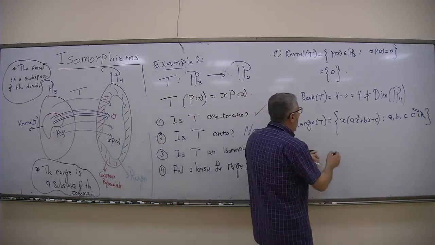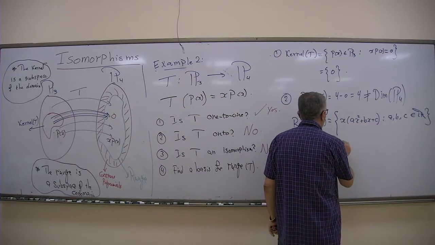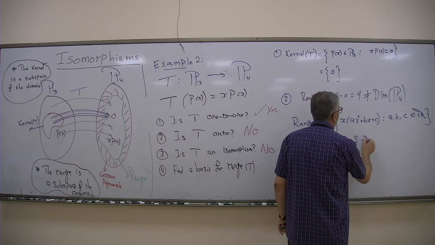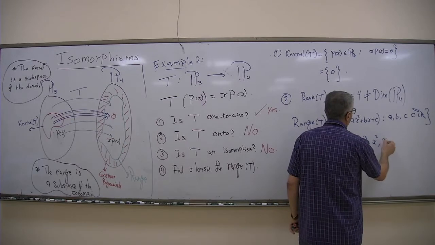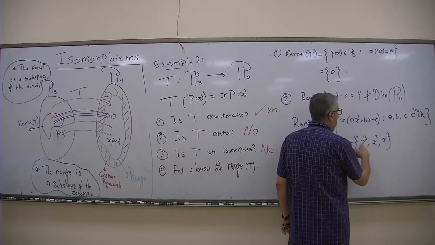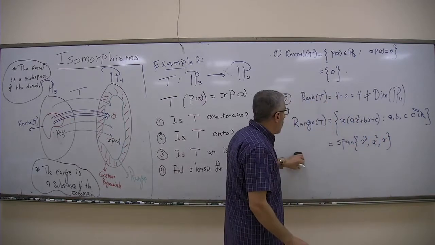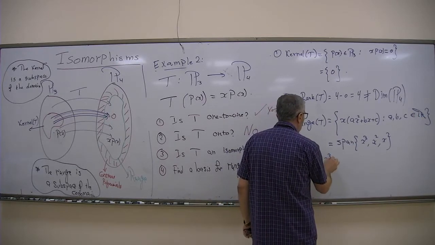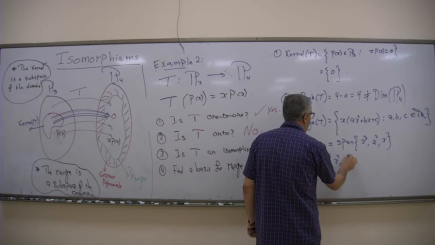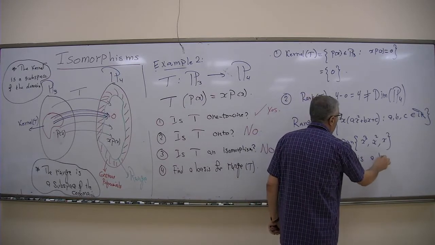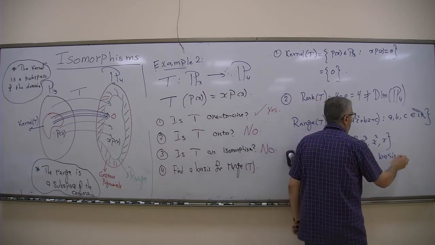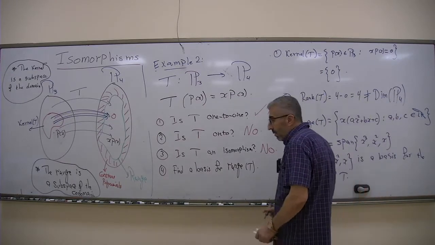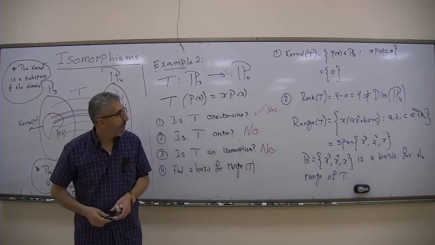And from here, you can see that this is a span of x cubed, x squared, x, and they are linearly independent. So basically, B equals x cubed, x squared, x is a basis for the range of T.